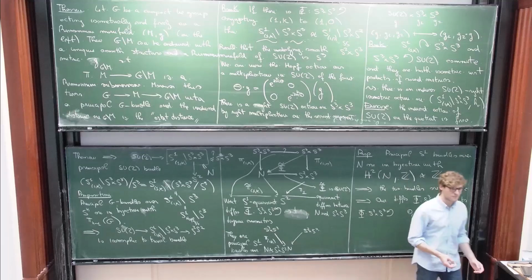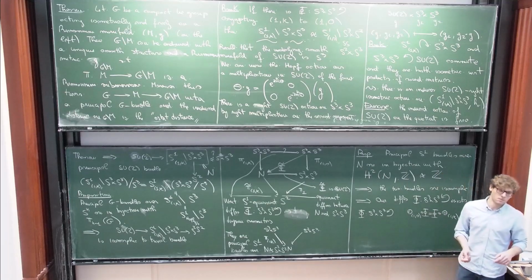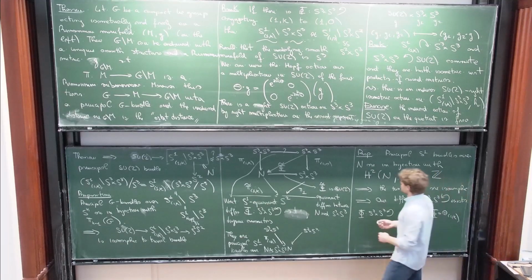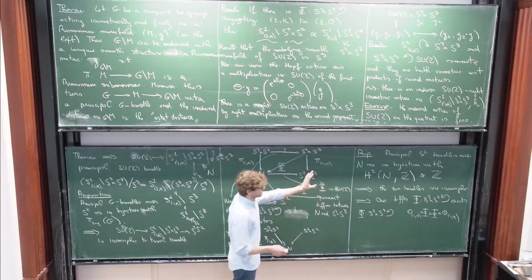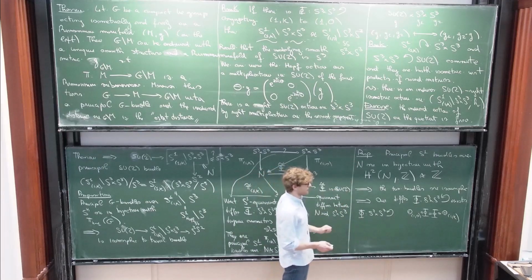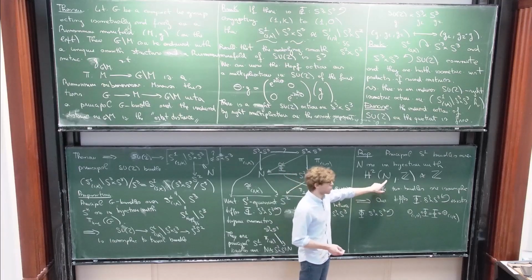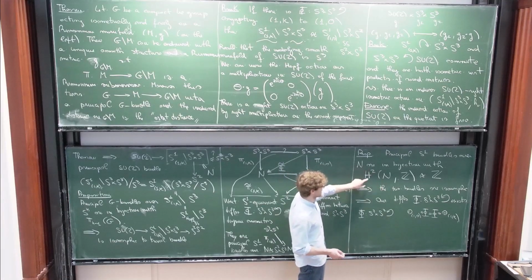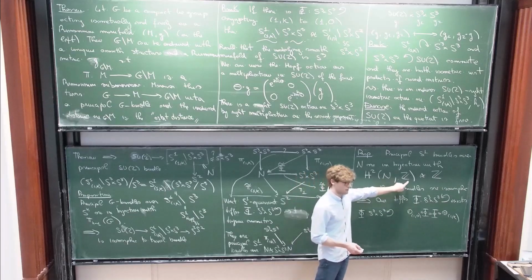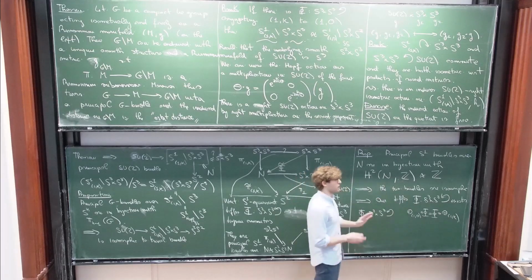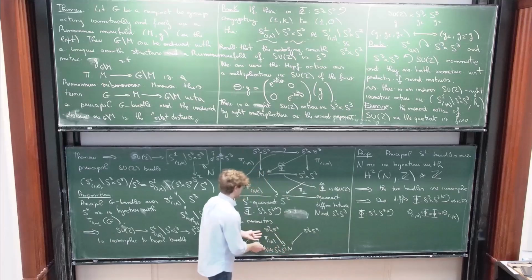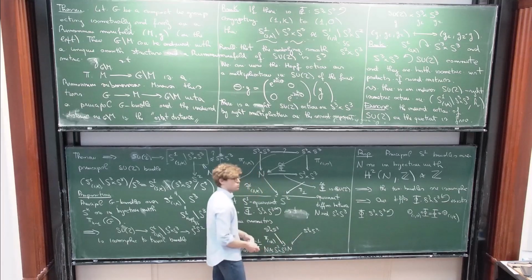After the H2 of N thing, you said something about different fundamental groups. Yes, you need to check. The proposition tells you that to any principal circle bundle over N you can associate uniquely an element of H2 of N with Z coefficients. Now I need to tell you that these two principal circle bundles are associated to the same element. Why is it the case?